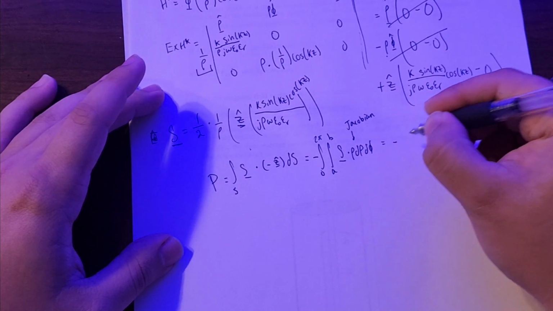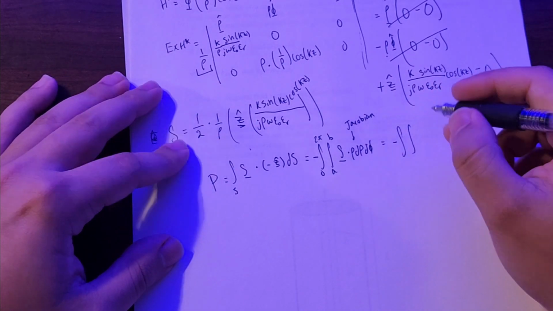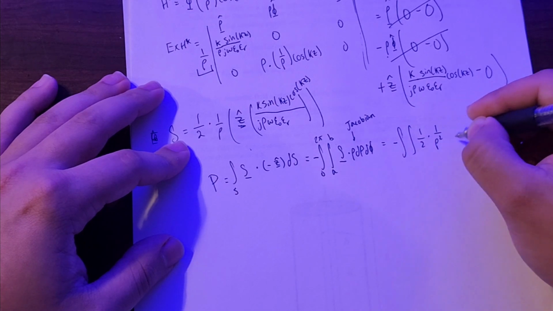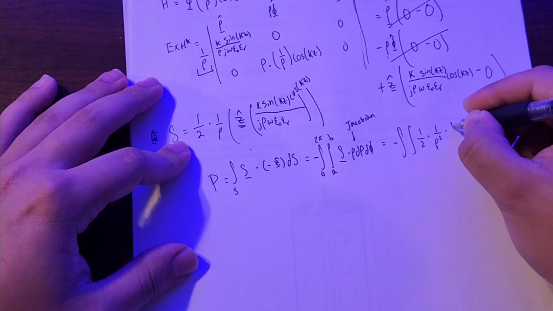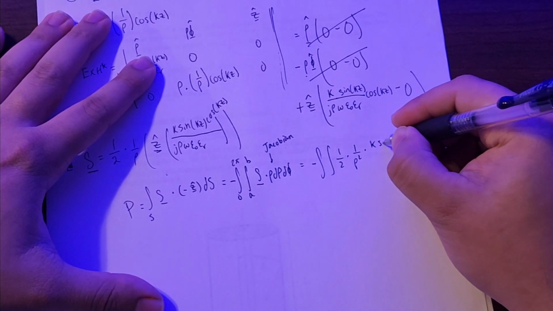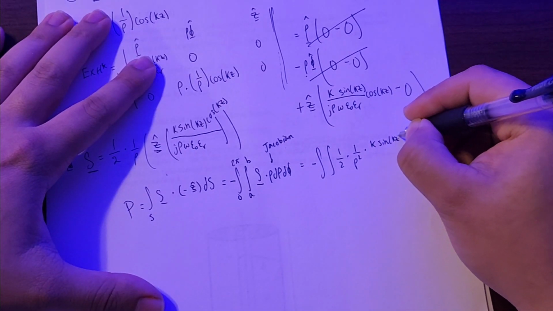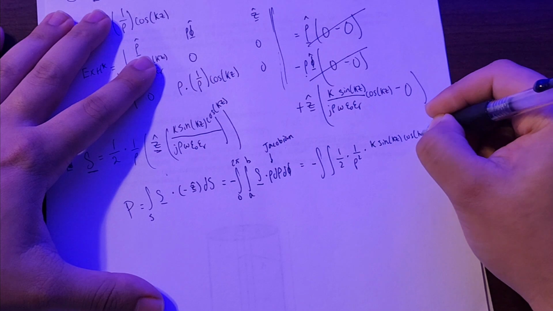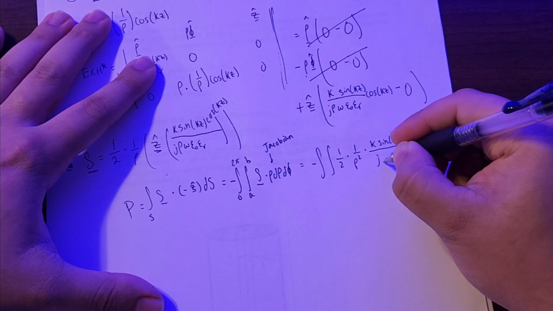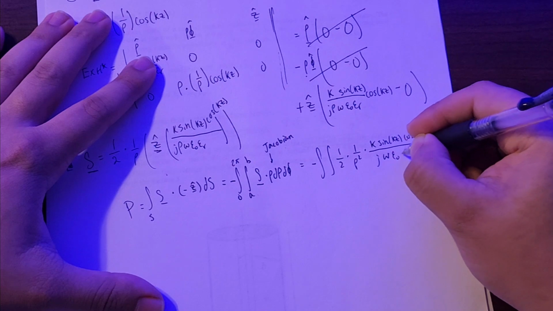Well, this is equal to the negative double integral of 1 over 2 times 1 over rho squared times k sine kz cosine kz divided by j omega epsilon naught epsilon r.